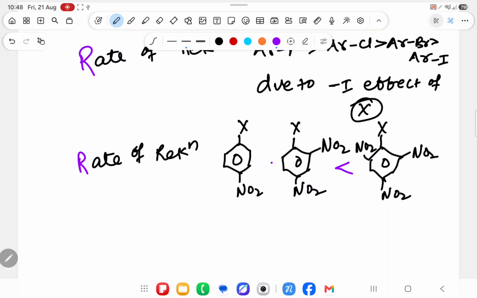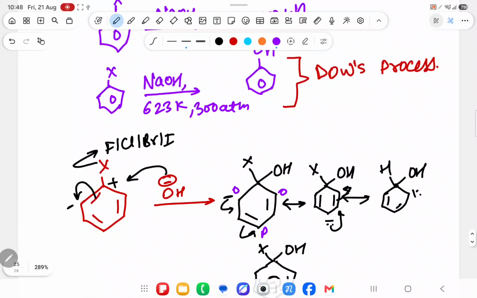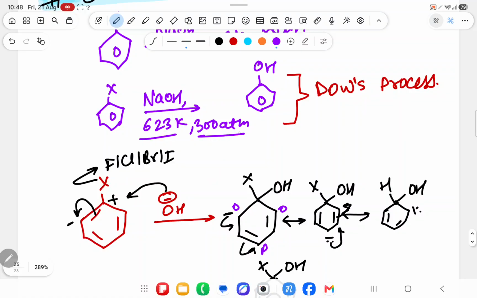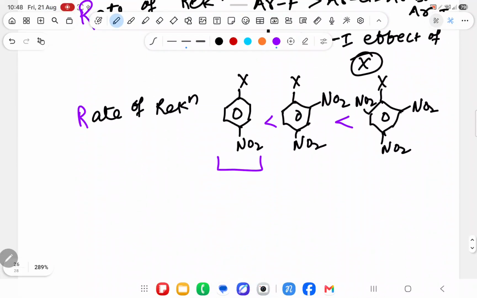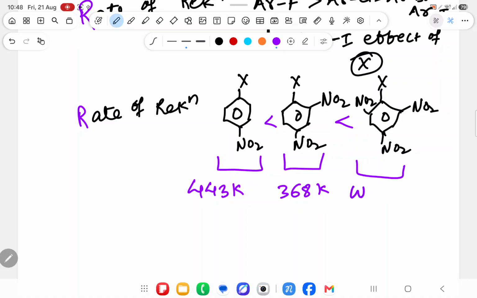Whenever you are only using X, you need 623 K and 300 atm. But when you add one NO2 group, temperature reduces to 443 Kelvin. Over here, temperature reduces to 368 Kelvin. Over here, you can do the reaction with warm water only. Understood the point? So this is all about bimolecular nucleophilic substitution reaction.